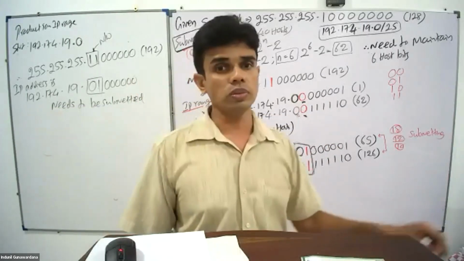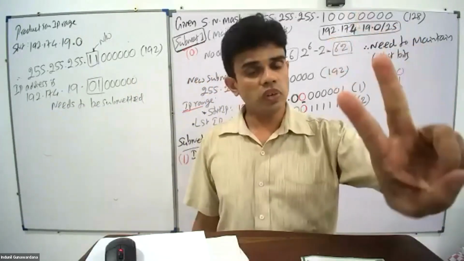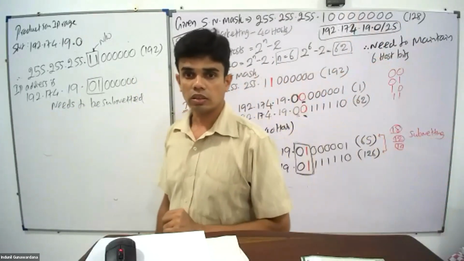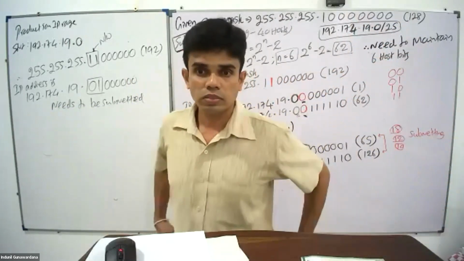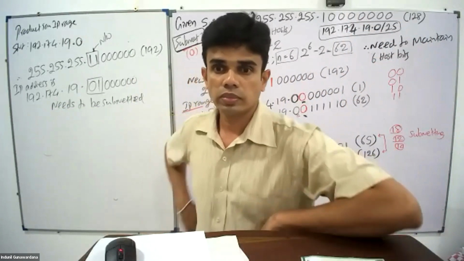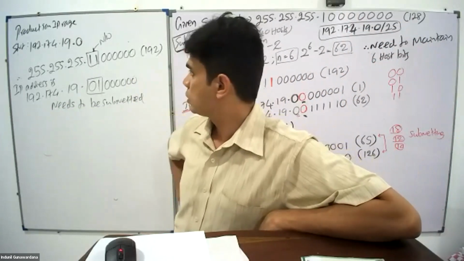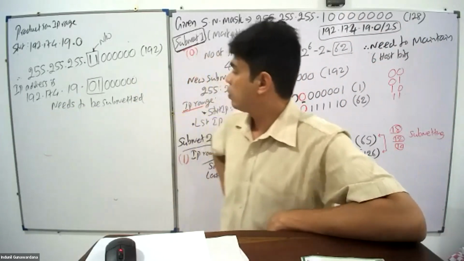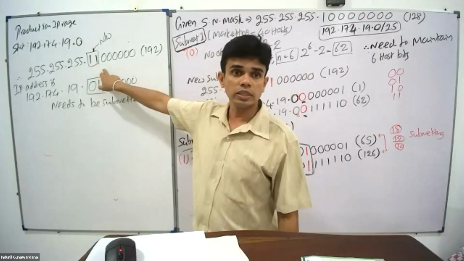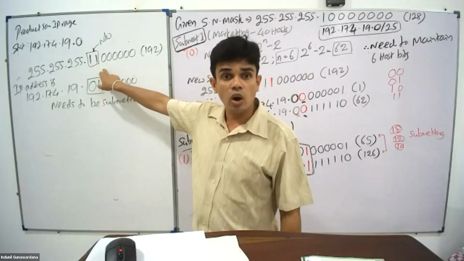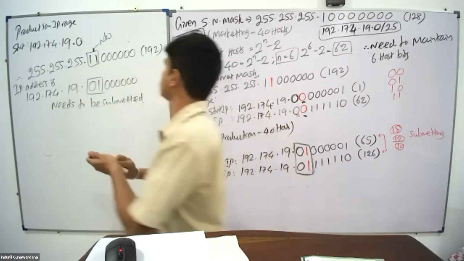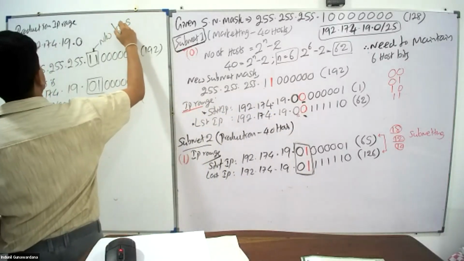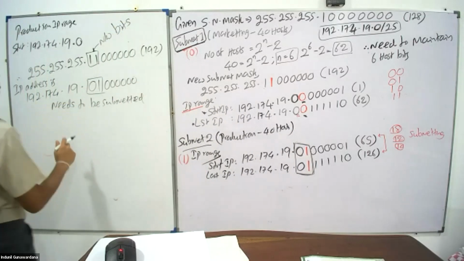Therefore, the first two bits of the last octet are now treated as the network bits.